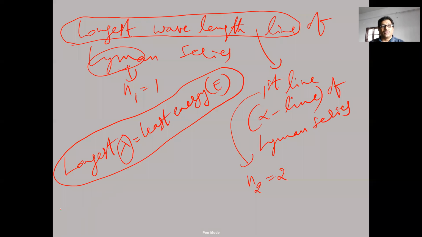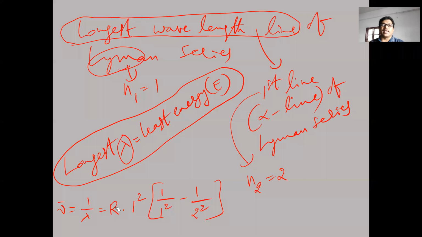Again, nu bar is equal to 1 by lambda is equal to R into Z square, Z is 1 for hydrogen, R into Z square into 1 by n1 square, n1 is 1, minus 1 by n2 square, n2 is 2. So like this we can calculate nu bar. Now nu bar will be obtained in centimeter inverse if R value is taken in centimeter inverse.